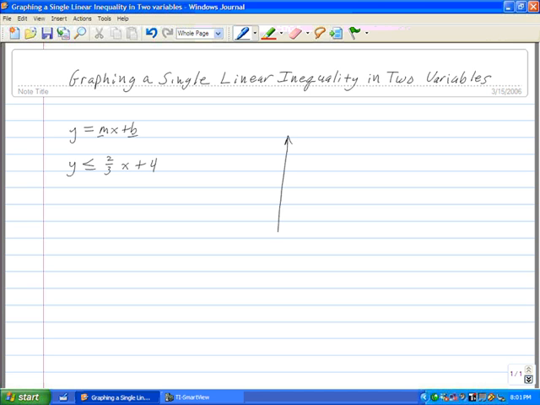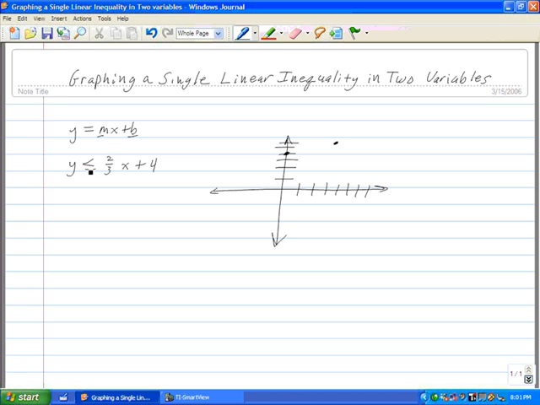Again, the y-intercept and the slope on this one are readily apparent. The y-intercept is going to be 4, so I'll go up to 1, 2, 3, 4. The slope is 2/3, so from there I'll go up 2, and then over 1, 2, and 3.